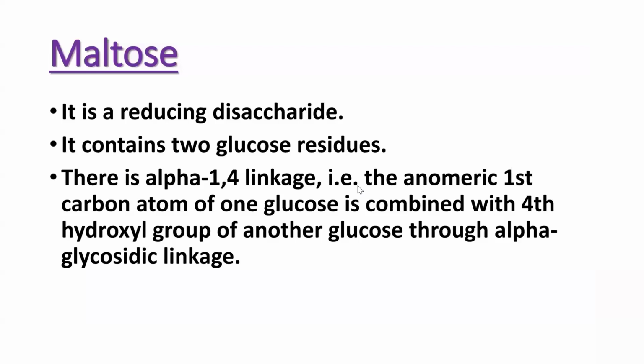Maltose is also a reducing disaccharide, and it contains glucose residues. It means two glucose units form maltose, and they form an alpha-1,4 linkage: the anomeric first carbon atom of one glucose is combined with the fourth hydroxyl group of another glucose through an alpha glycosidic linkage.